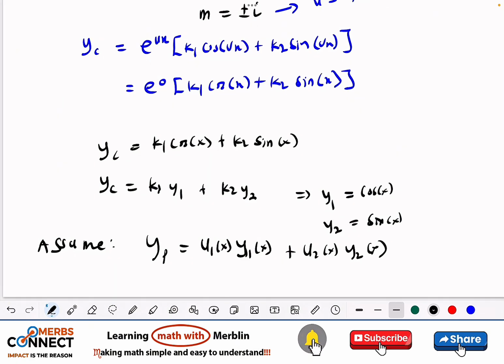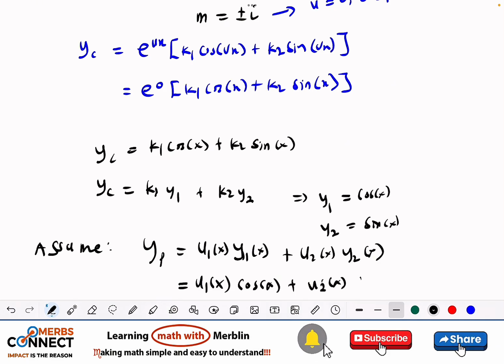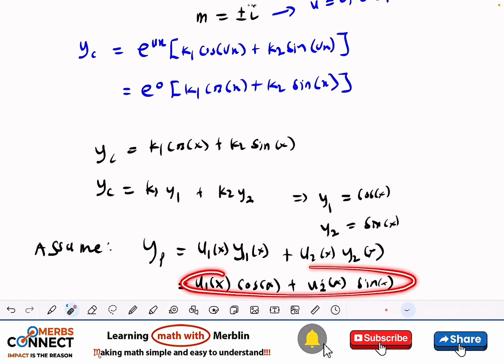If we assume this, we know that we don't know u1, but we know y1. Y1 is cos x, and we don't know u2, but we know that y2 is sin x. So this is the guess for our particular solution.